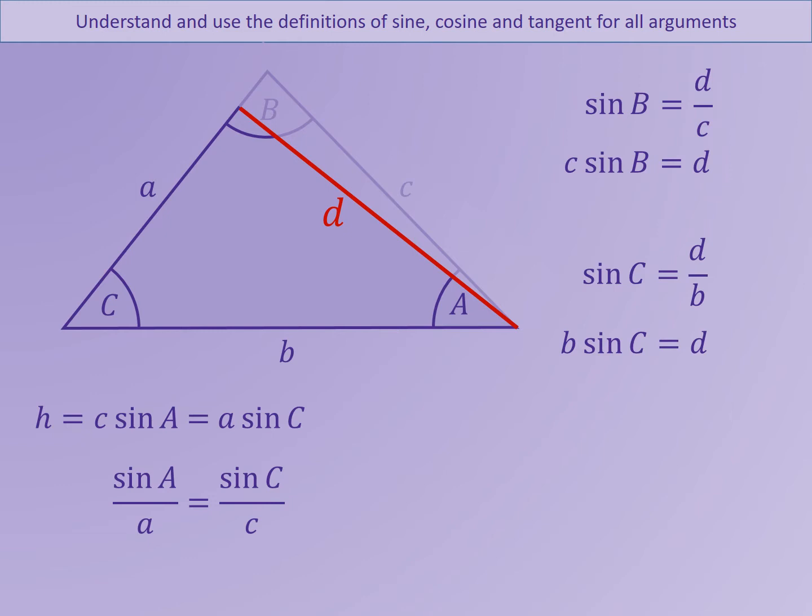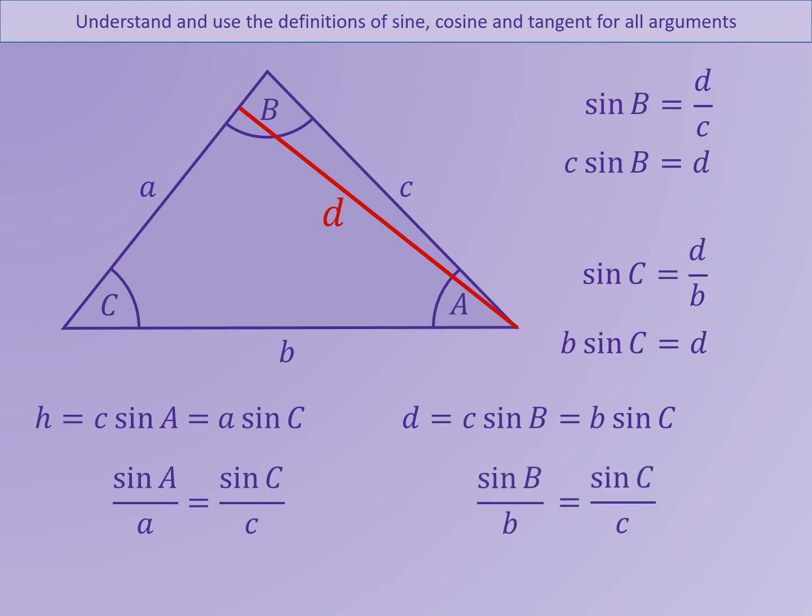Using the same technique as for the first equation, we can produce another equation where c sine B is equal to b sine C. If I rearrange that by dividing both sides by c and both sides by b, I end up with another pairing, which is familiar to us because that's part of our sine rule formula.